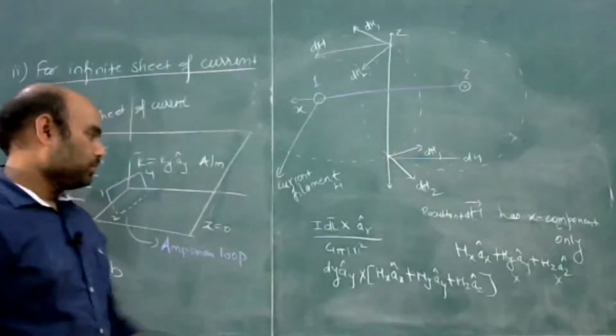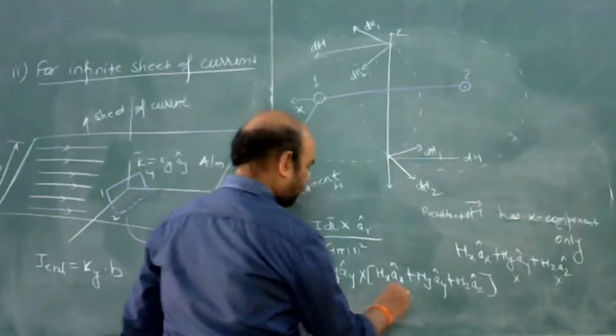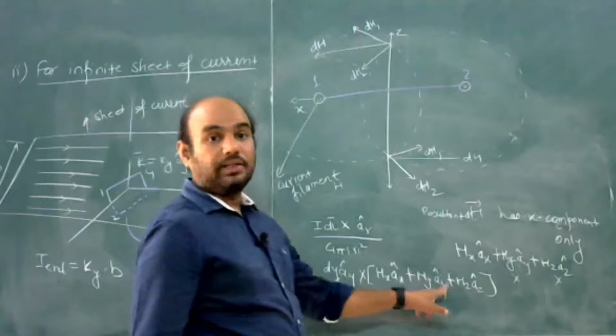So AY cross AX gives you minus AZ, and AY cross AY is 0.